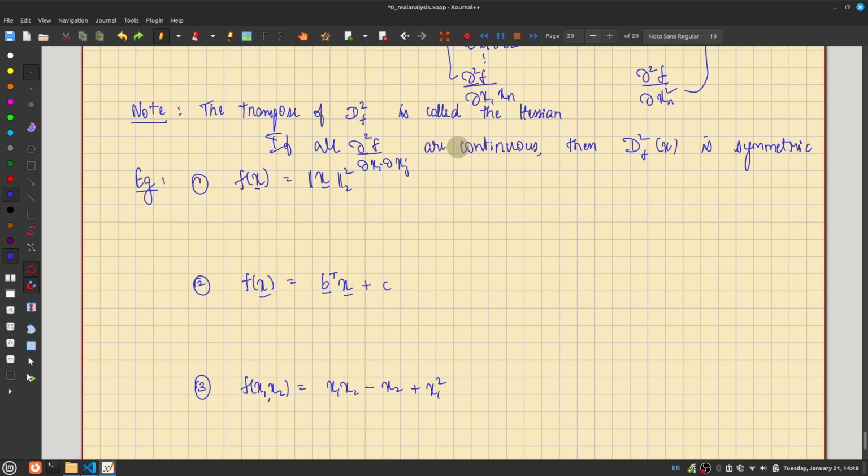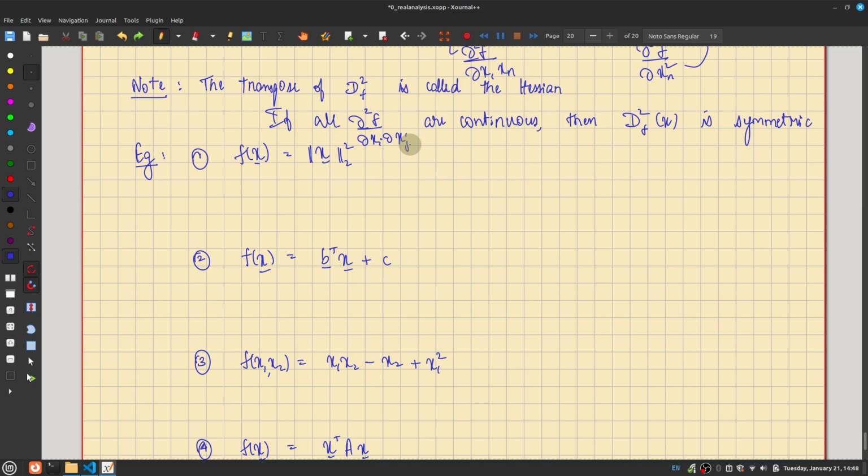But throughout we'll just assume that the second order partial derivatives are all continuous, which means that dou square f by dou xi dou xj is the same as dou square f by dou xj dou xi.